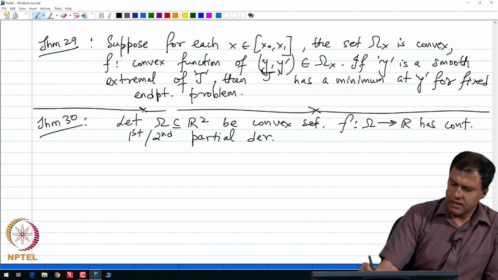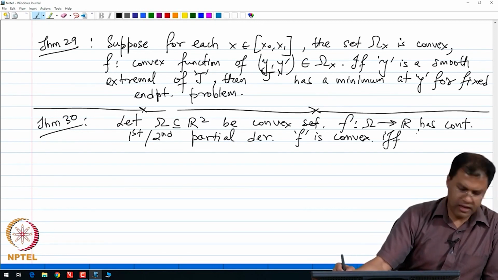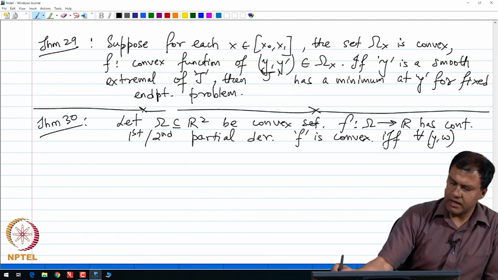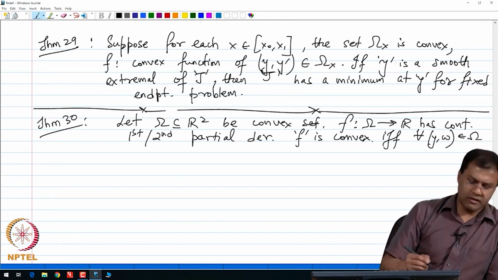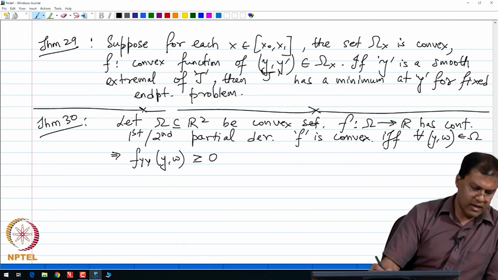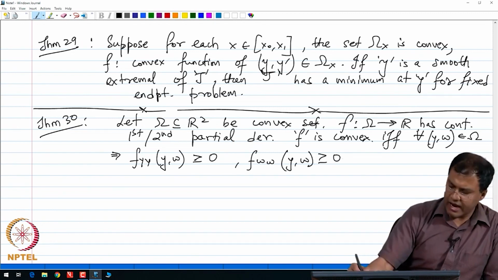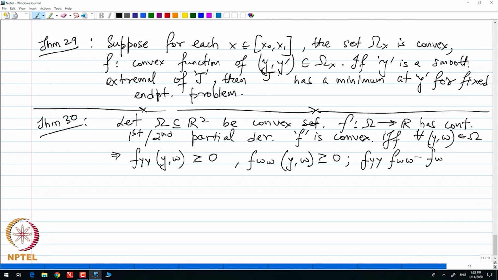Then f is convex if and only if for all points (y, omega) in this set Omega, f_yy is non-negative, f_omega-omega at this point is also non-negative, and this discriminant, f_yy f_omega-omega minus f_y-omega squared, is also non-negative. We call this expression delta.